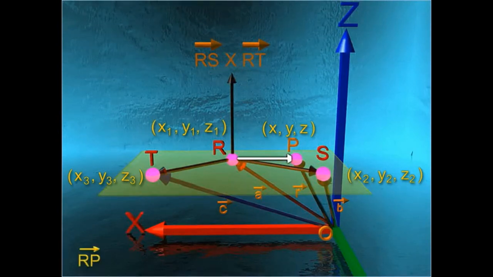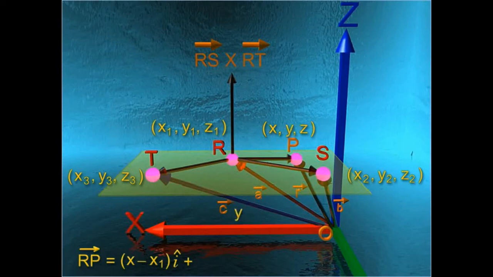Vector RP can be represented in the component form as x minus x1 i cap plus y minus y1 j cap plus z minus z1 k cap.